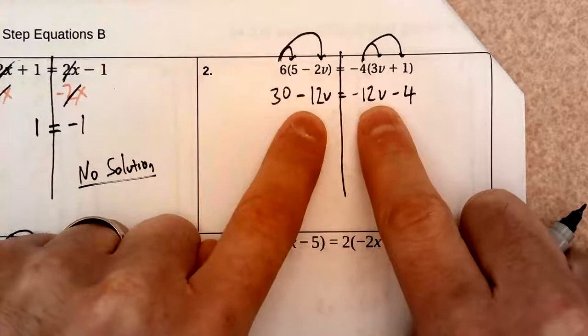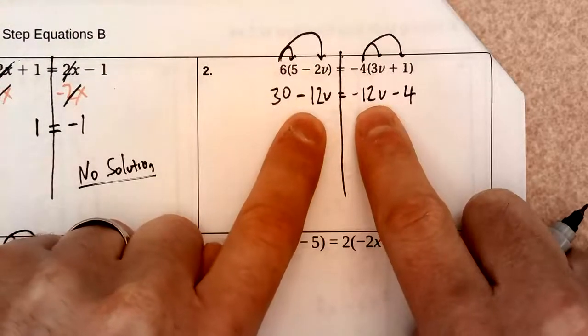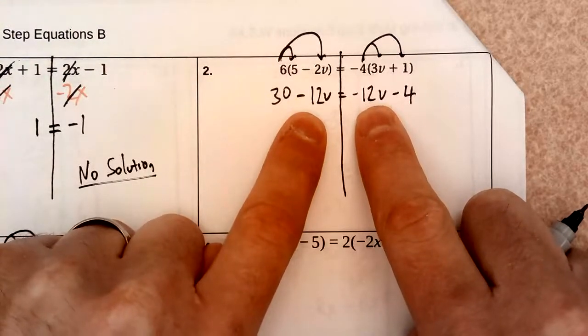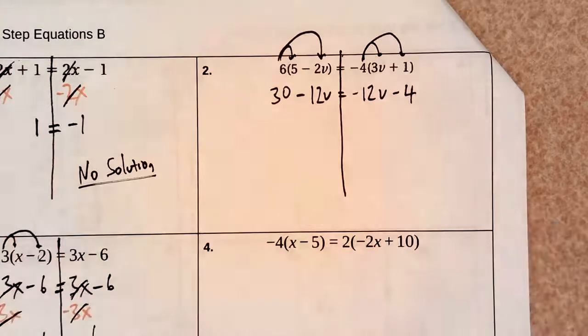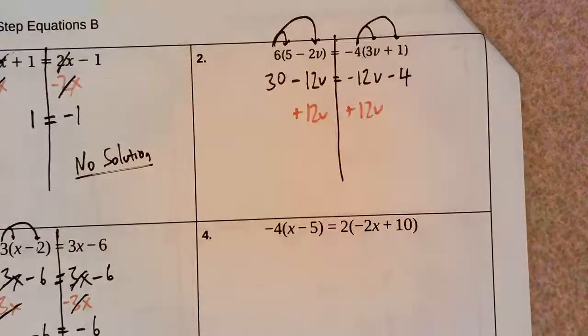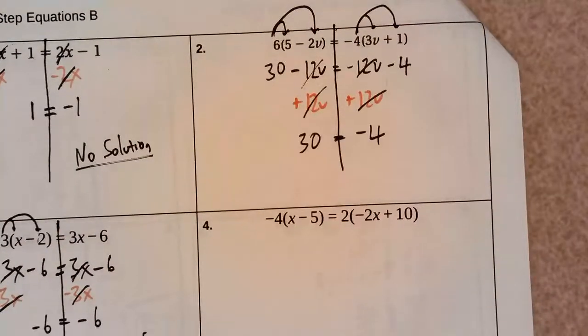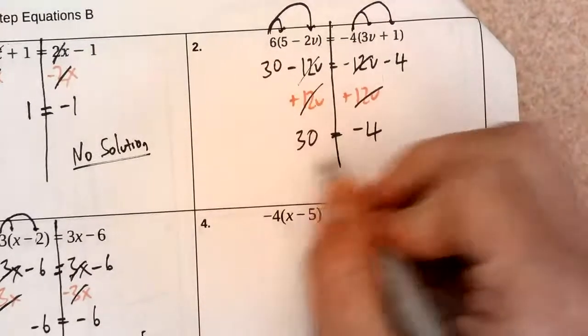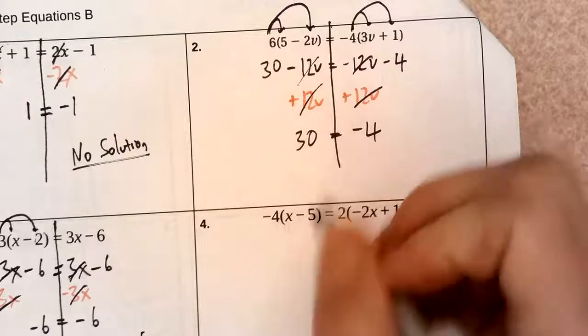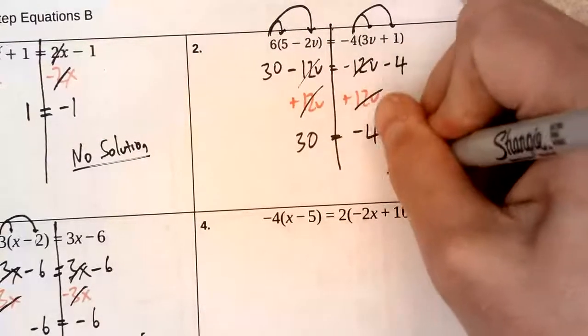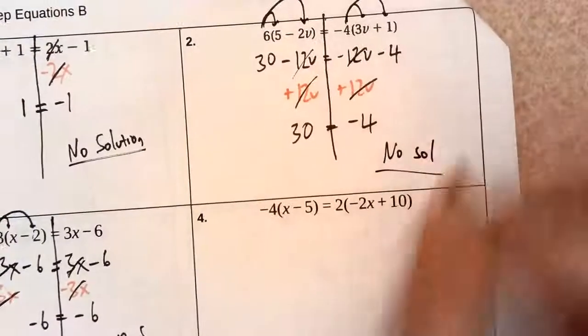You know this is going to be one of those special cases of no solution or infinitely many solutions. The variable cancels out on both sides, leaving you with a false equation. 30 is not negative 4, so this is no solution again.